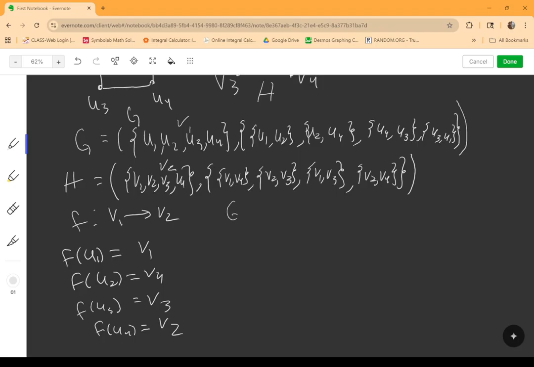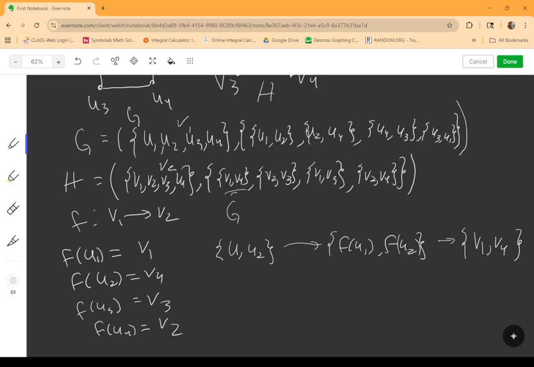In graph G, we have our edge U1, U2. If I look at F of U1, F of U2, how I define these, we would have V1, V4, which does check off right there.